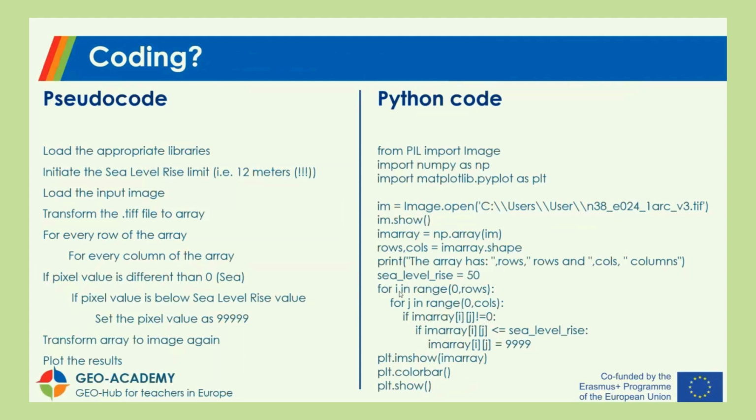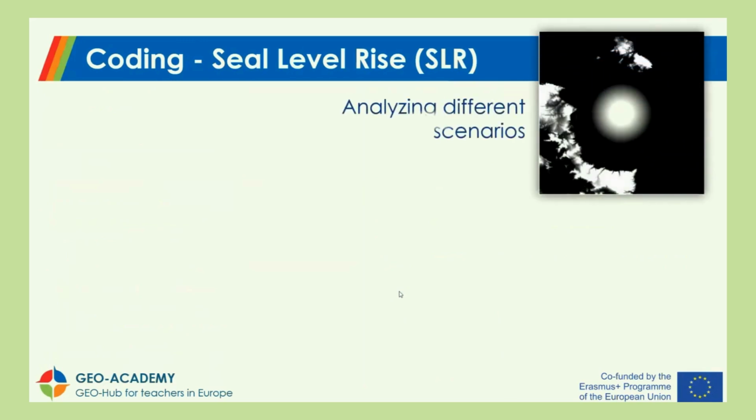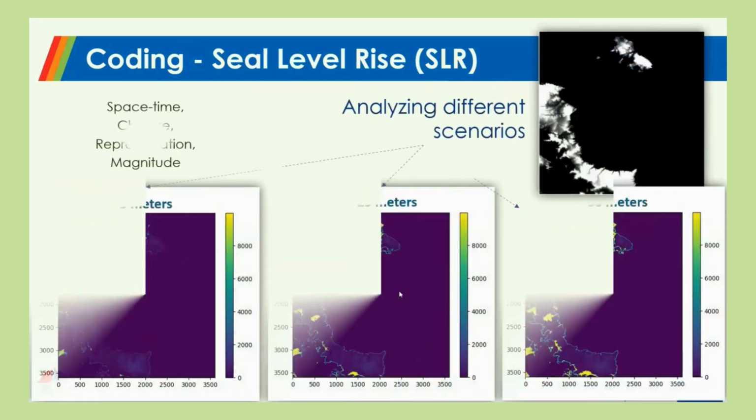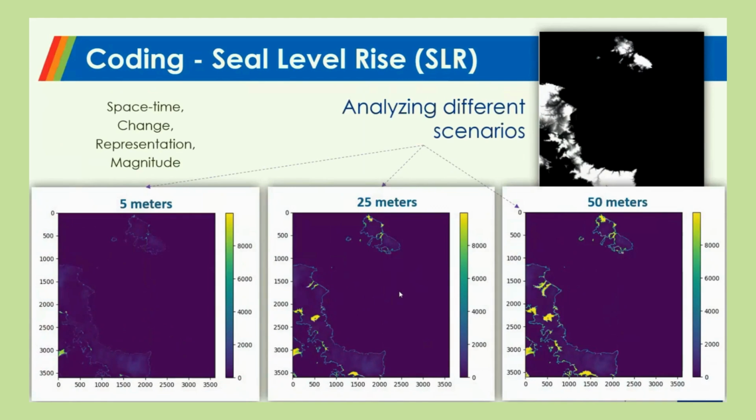Some coding activities using Python. It's not that complex. We are uploading lesson plans. For instance, this one on how students, using 12 lines of code, may model the sea level rise. An exemplary case here in Greece. The students are modifying the code and testing different scenarios.